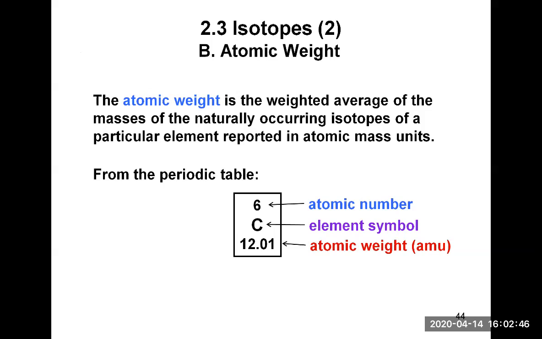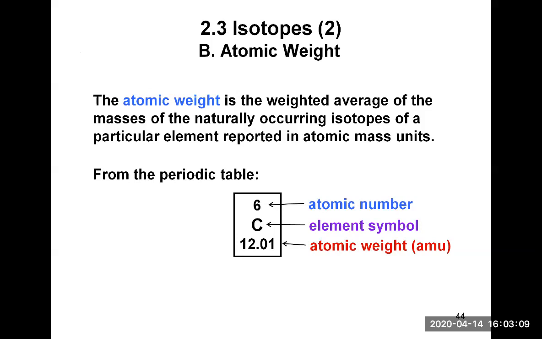And so the periodic table lists all these elements, and elements have a number below their symbol, and that number has decimals. And that number with decimals is the atomic weight or the atomic mass of the element.